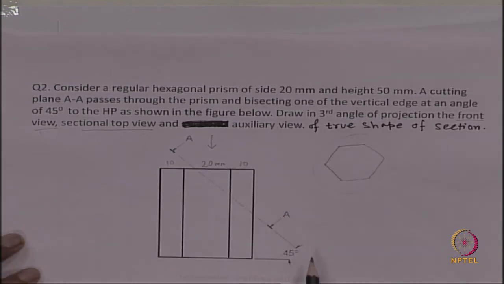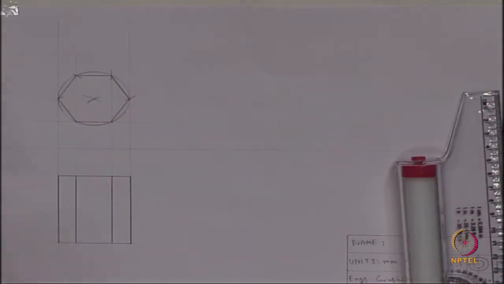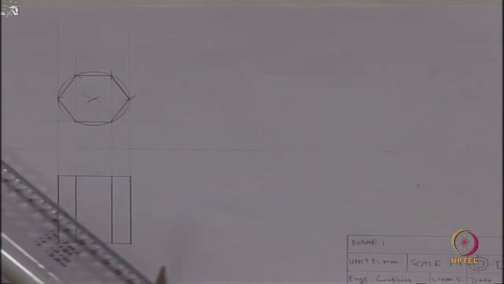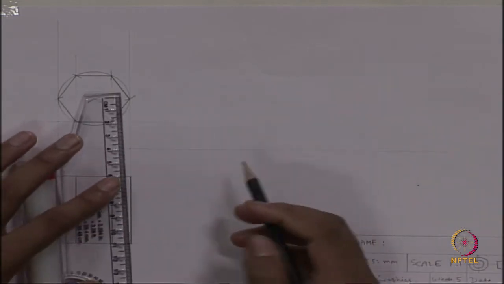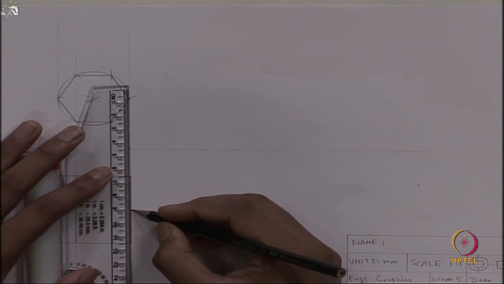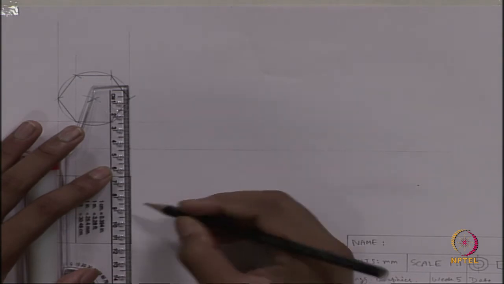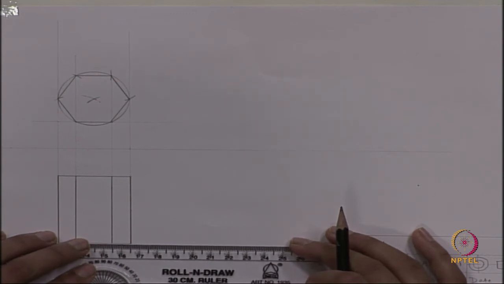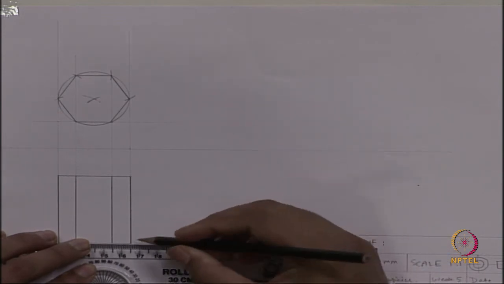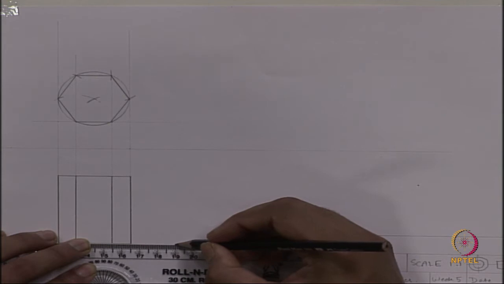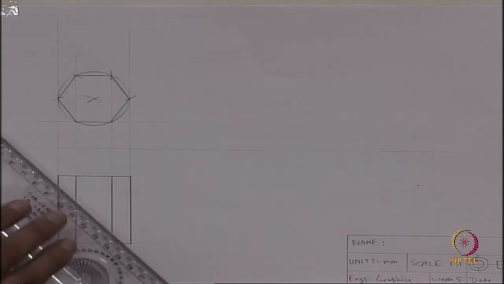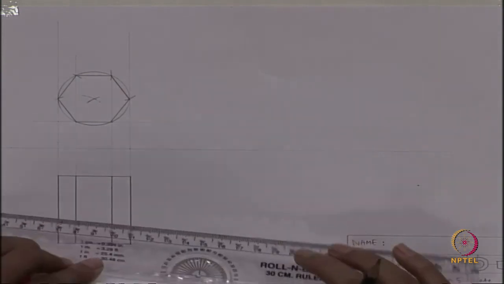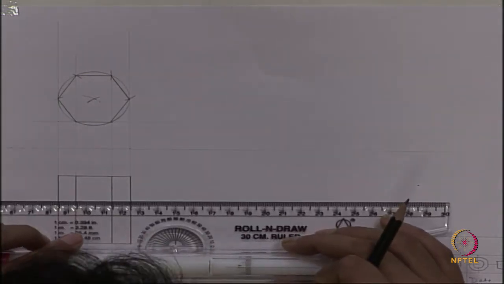The cutting section is at an angle of 45 degrees. We can use this for getting the angle.